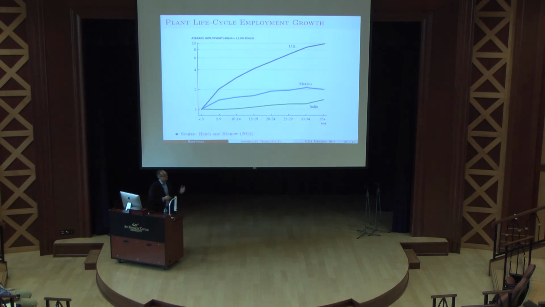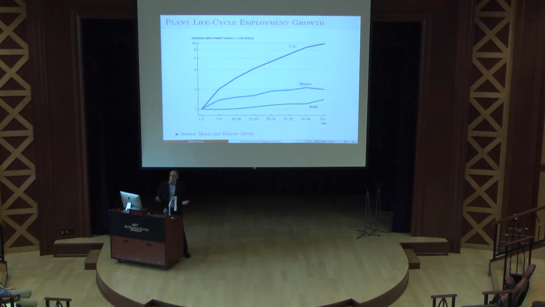Okay? Now, the picture here from Hsieh and Klenow is that basically, if you take the US and you hammer them with the correlated distortions in India, basically productivity is going to drop by 25%. So it seems pretty big just from the life cycle of the firms.